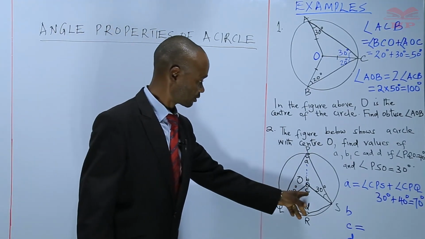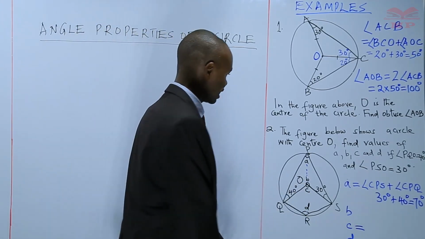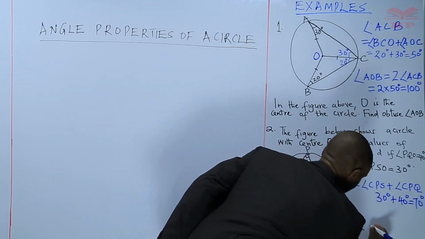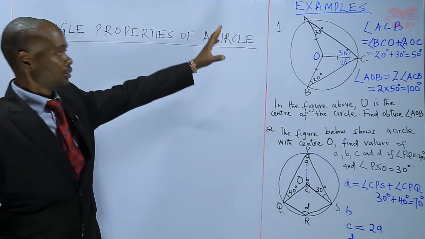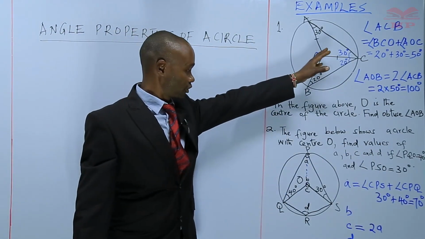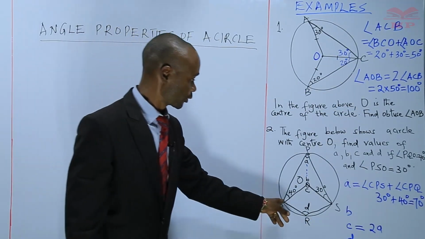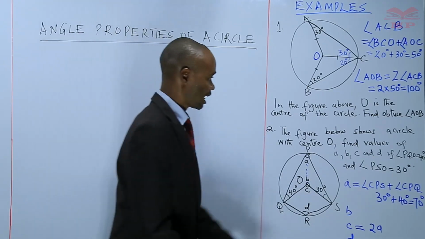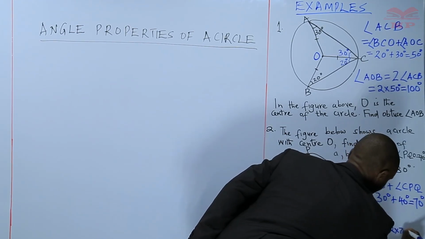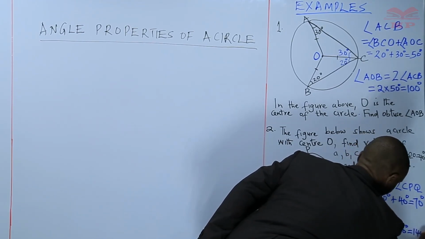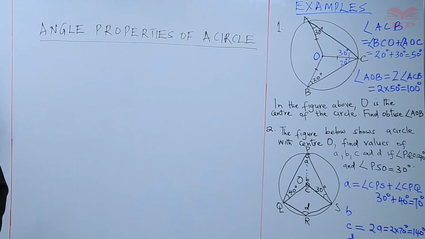C is twice A. From the concept we've got, the angle at the center is twice the angle at the circumference when they are subtended by which chord? QS. So having got A, twice A will be 2 times 70 degrees, which will give us 140 degrees. So you've already got C.